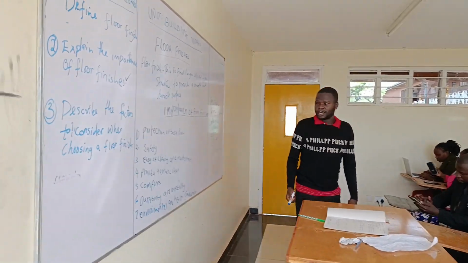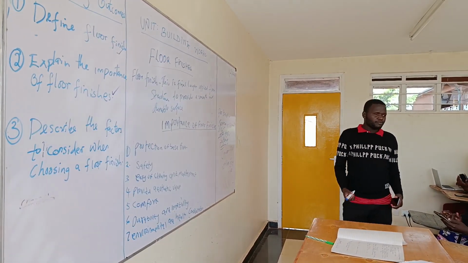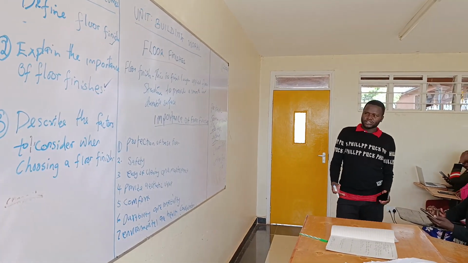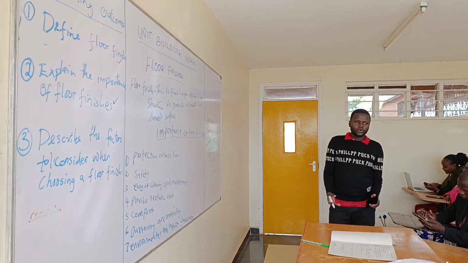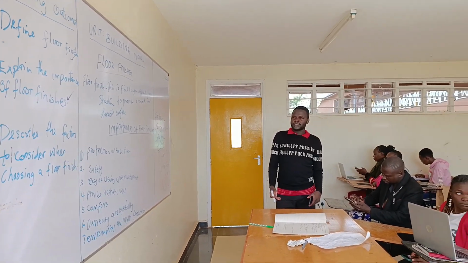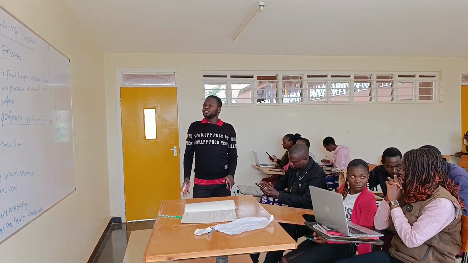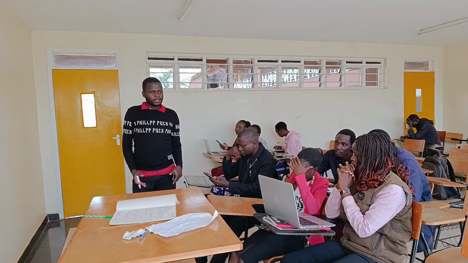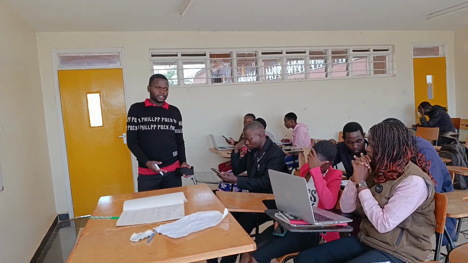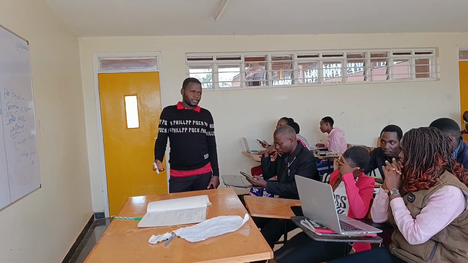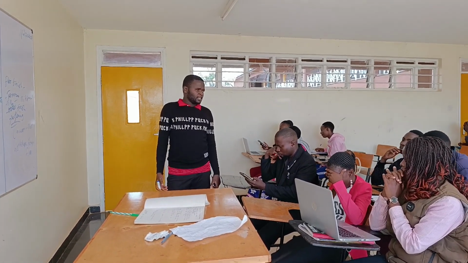What do we now rely upon so that we can say that this is the right floor finish that we will be using at a particular place, be it outside or within the building?